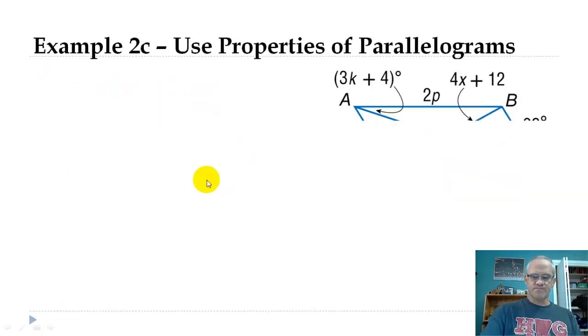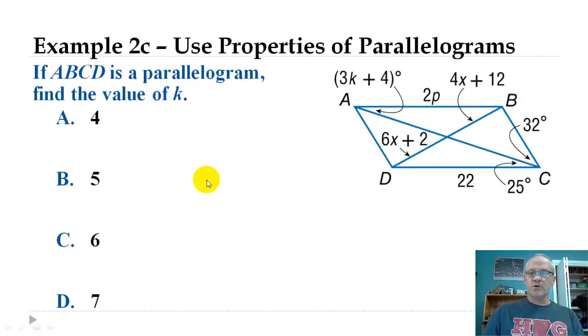How about this one now? What about K? A little bit trickier on this one to find the value of k. Here's a k up here. There's 3k plus 4, which is talking about this little angle right here. There's two ways you could look at this.